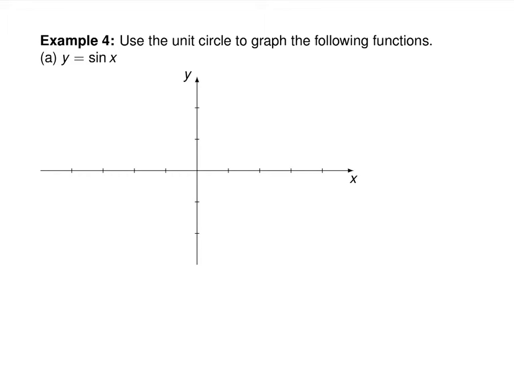Okay, we did this one yesterday, but let's just do it again. So use the unit circle to graph sine. I'm going to call this endpoint 2 pi, this negative 2 pi. If we're graphing sine, are we looking at the x-coordinates or the y-coordinates? Y, yep.